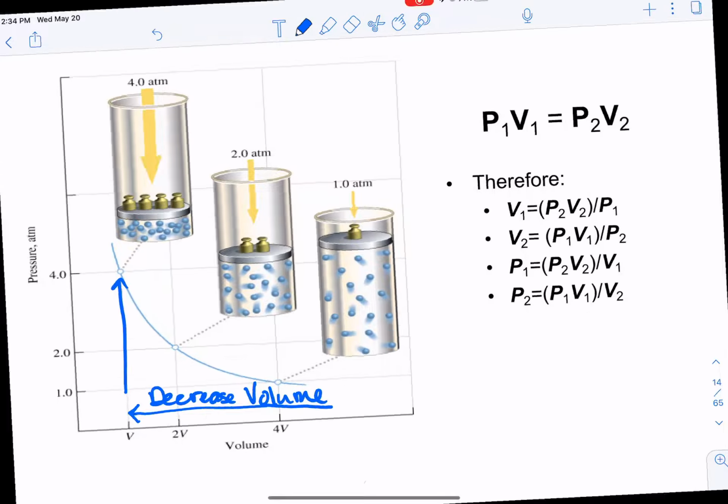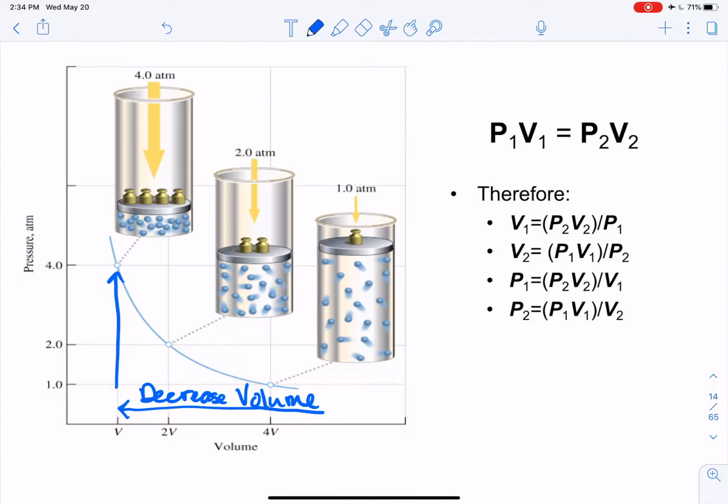So right here, turn back around, I'll just write it here. Increase in our pressure. Now, if we increase our volume, what we do is we decrease our pressure.